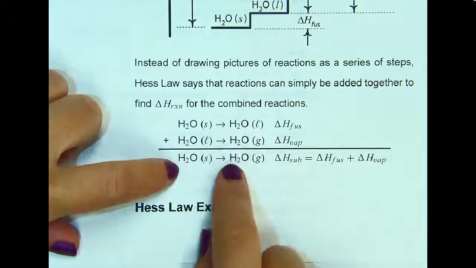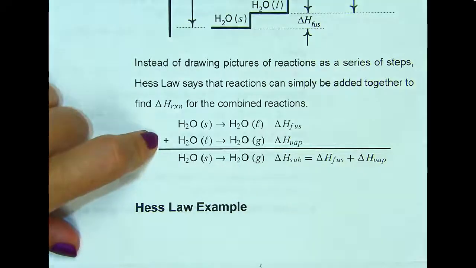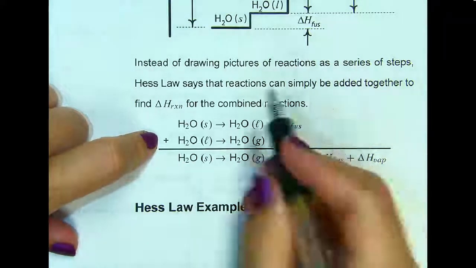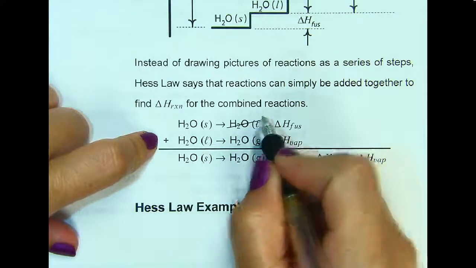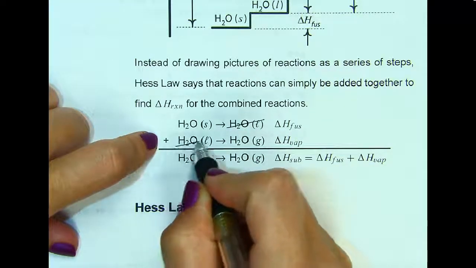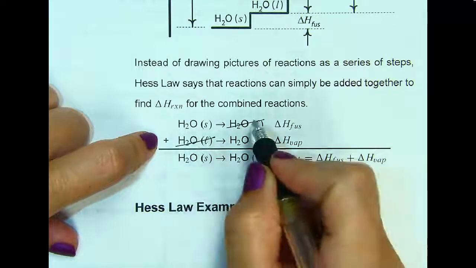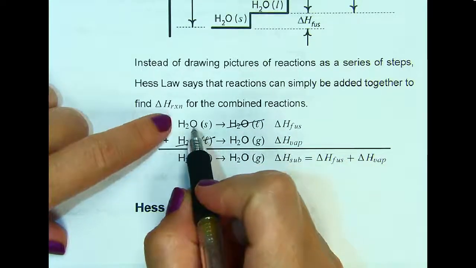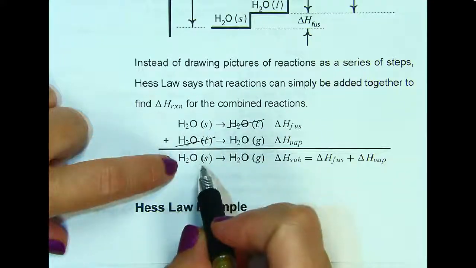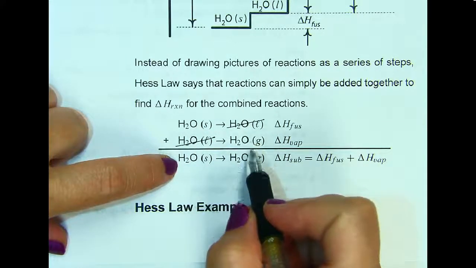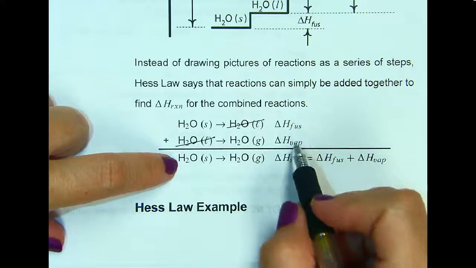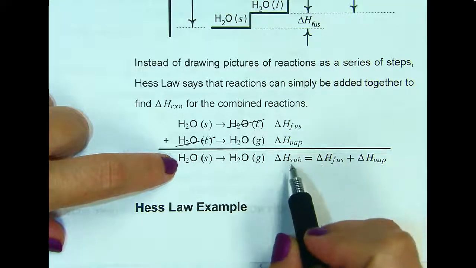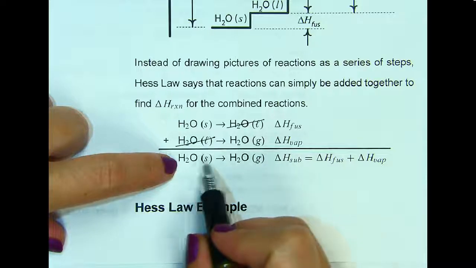When you combine these two, you might notice that the liquid on the right is going to cancel with the liquid on the left because they're on opposite sides. What we're left with that's not been canceled is H2O solid yields H2O gas.